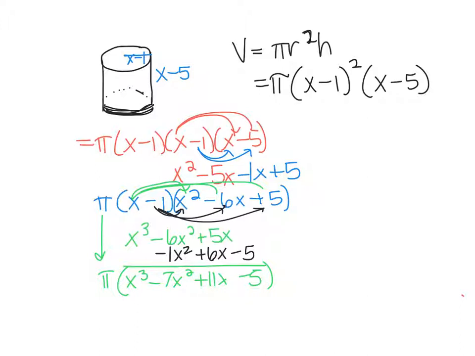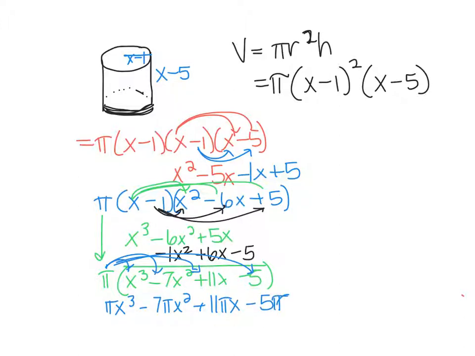So my final step, this is where it gets weird, is I'm going to distribute pi. All of these numbers are going to get multiplied by the pi symbol. You don't need to use a number. You can just use the pi symbol to stand for it. So this would be pi x cubed minus 7 pi x squared plus 11 pi x minus 5 pi.